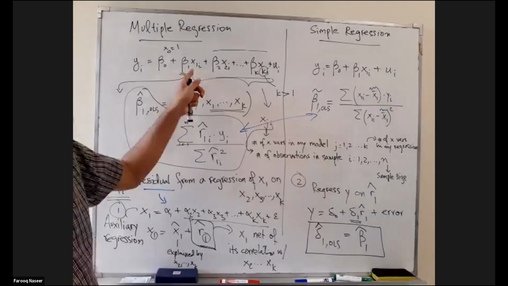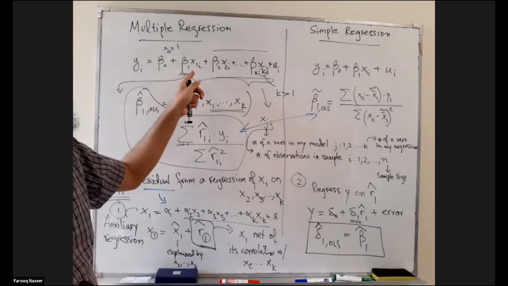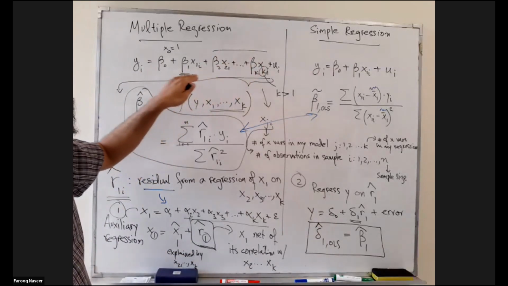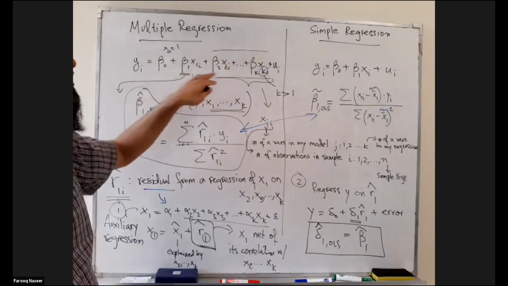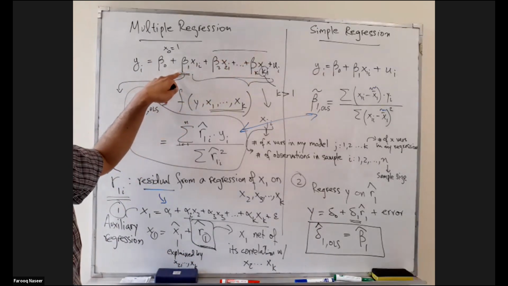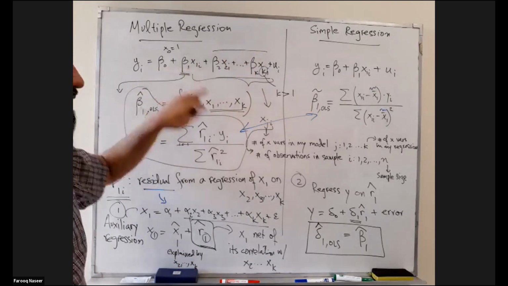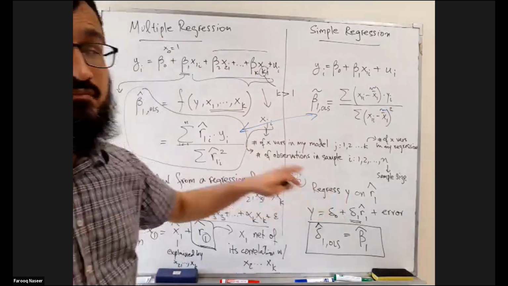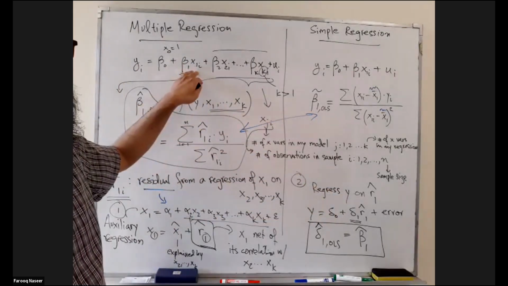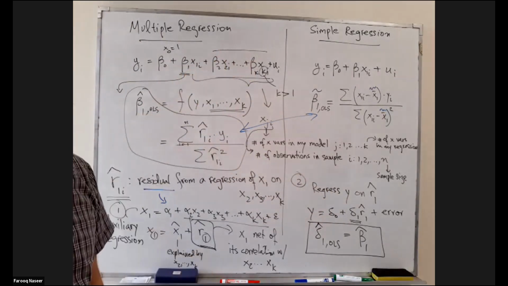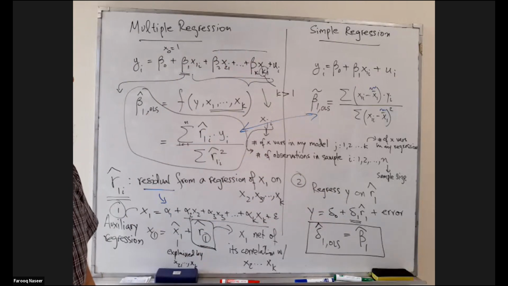So x1 was whether you have a LUMS degree or not. We thought that that could be correlated with some other variables. So we put those correlated variables in our regression. The effect of adding those controls is that the beta 1 coefficient of x1 is now measuring the correlation between y and x1 minus the correlation that x1 has with these variables, right?